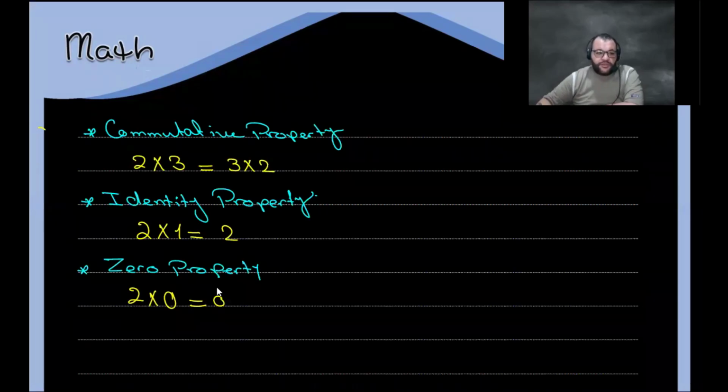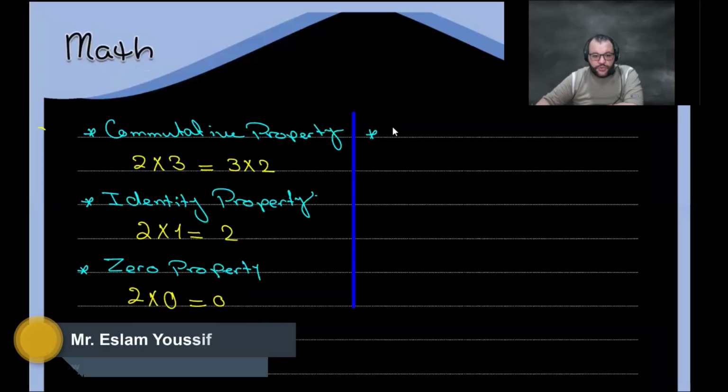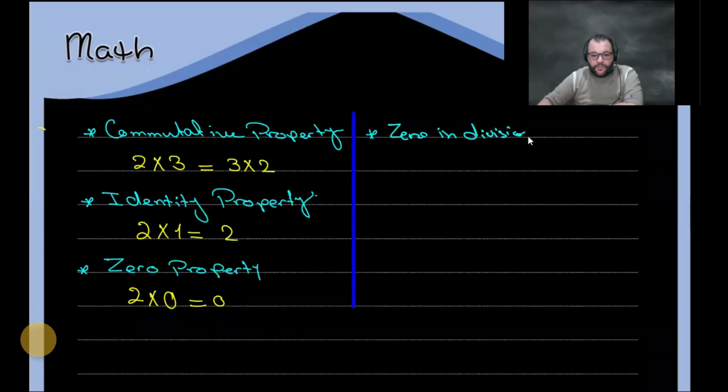Now for division, we'll start with the division properties. What is the first property that we have? Zero in division. Any 0 divided by any non-zero number is equal to 0. 0 divided by any number, but this number is not equal to 0, the answer will be 0.